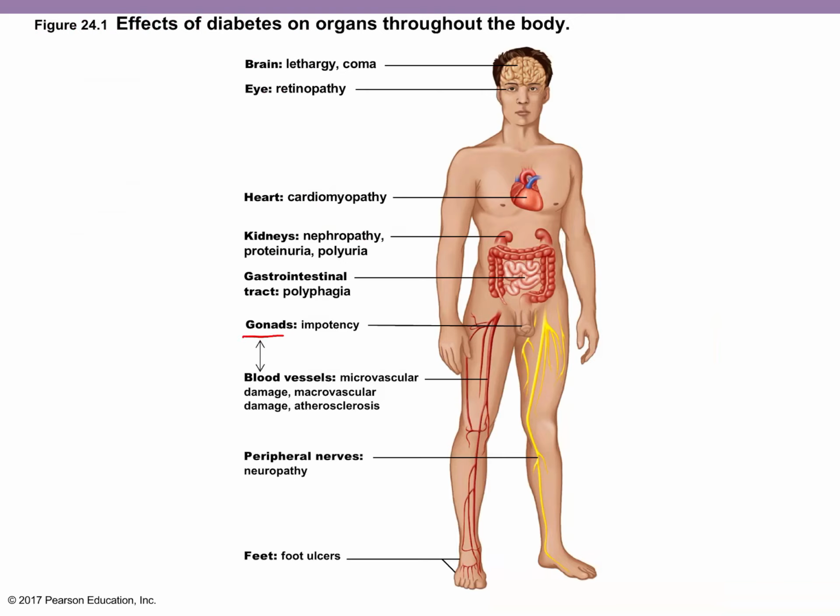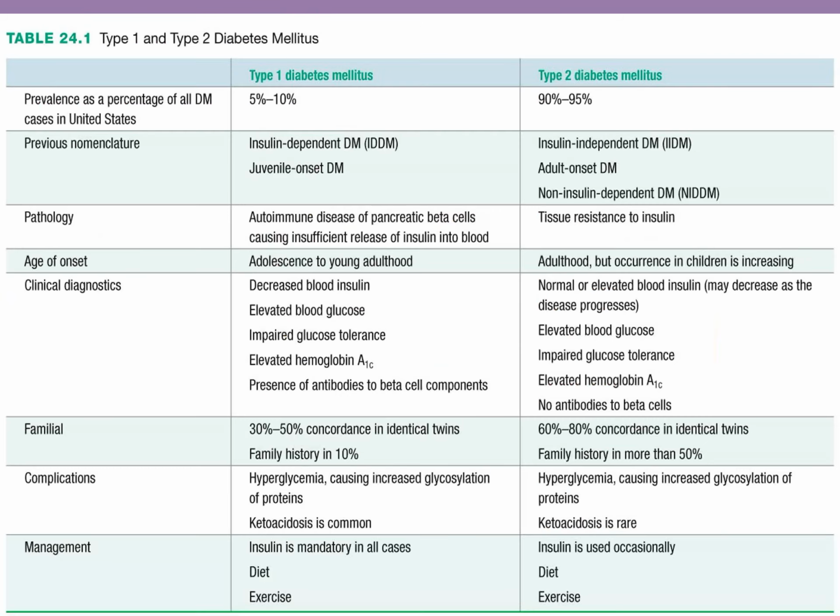And so impotency, of course, is with that blood flow. The peripheral nerves, the foot ulcers in the feet. So it's a body-wide disorder that affects all different kinds of tissues.